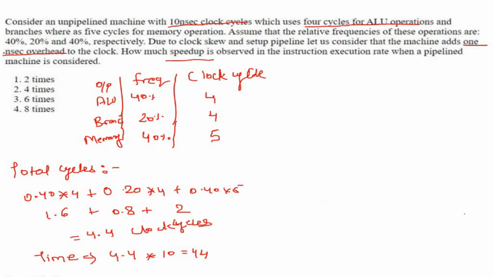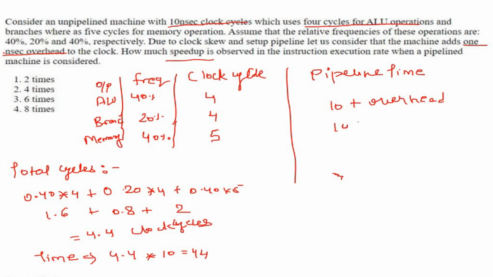Now we have to calculate the pipeline time. In the pipeline time, we will only take the clock cycle, that is 10 nanosecond, plus the overhead, which is 1 nanosecond. 10 nanosecond, that is the clock cycle time, plus overhead.